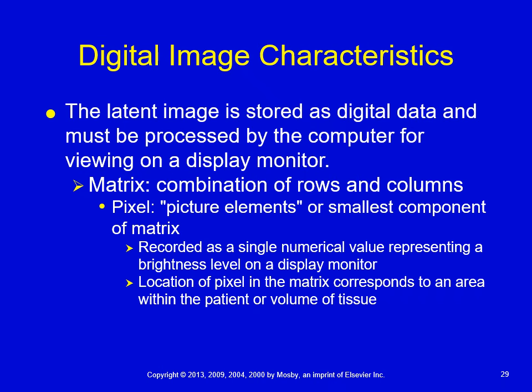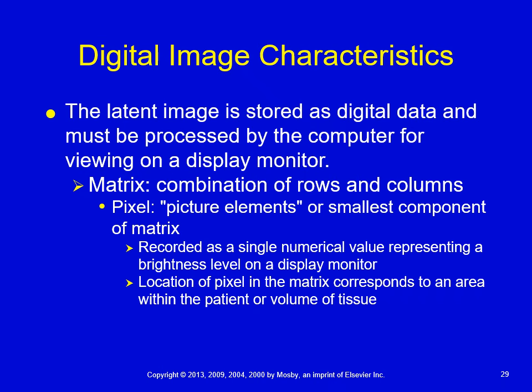When the image is being processed, meaning you shot the patient, the matrix received all of those X-ray energies in the different pixels. Each pixel now contains a numerical value based on how much X-ray was detected in that particular area of the image receptor.